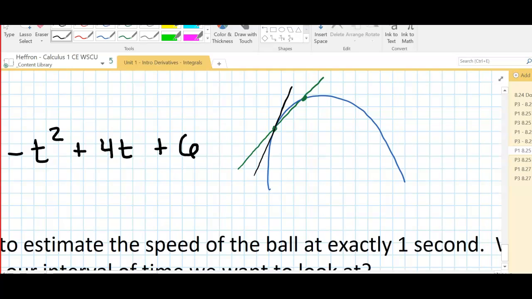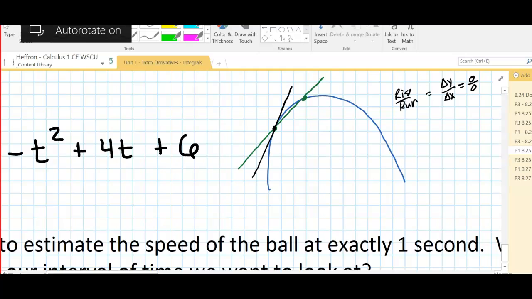So it follows exactly, it's parallel to the curve at only 1 point. And mathematically, it's hard to do that because when you do rise over run, you're only looking at 1 point, so your delta y over delta x is always 0 over 0.